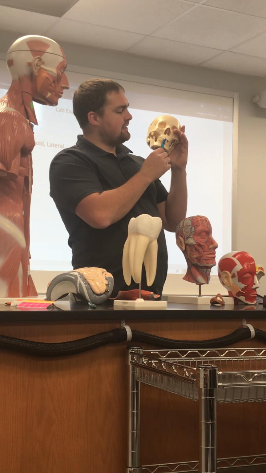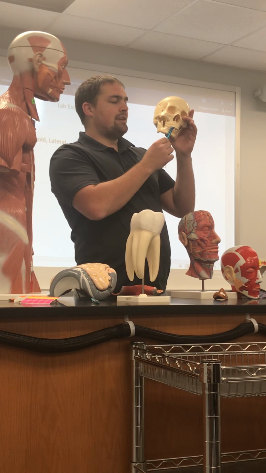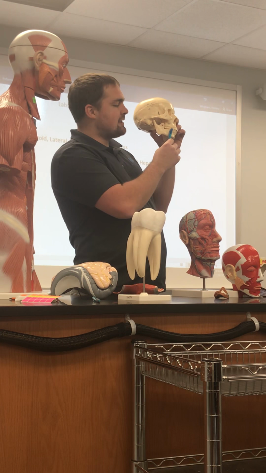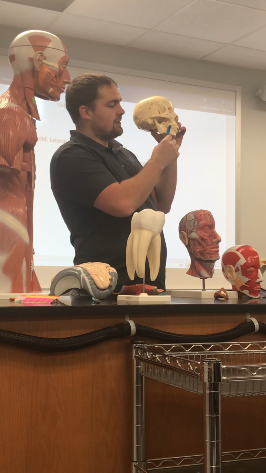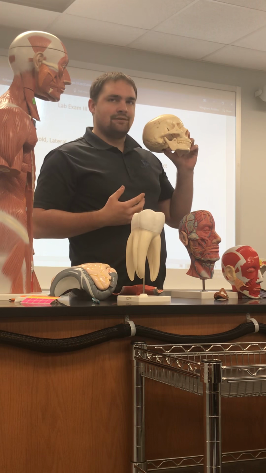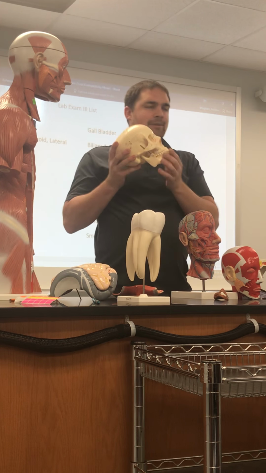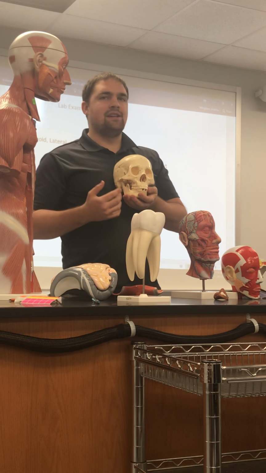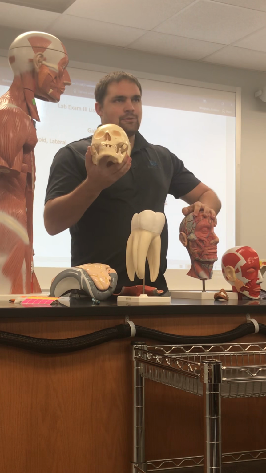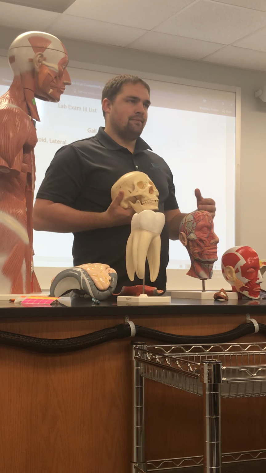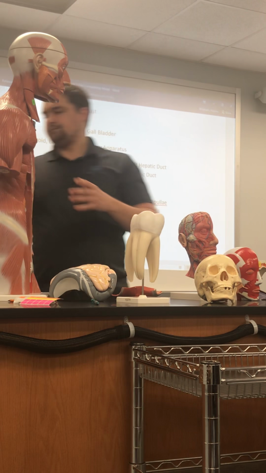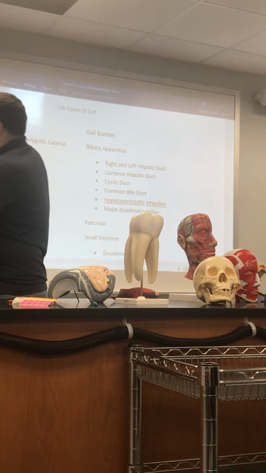So we have our medial incisor, our lateral incisor, our canine, our first premolar, second premolar, first molar, second molar, third molar. All right, so a lot of it's just counting. So you'll need to be able to identify, I'll probably have a couple teeth marked, and you'll need to be able to tell me what tooth. I don't care on this one, left, right, up, down. Okay? I just want to know which tooth. Move some of these out of the way for a second.